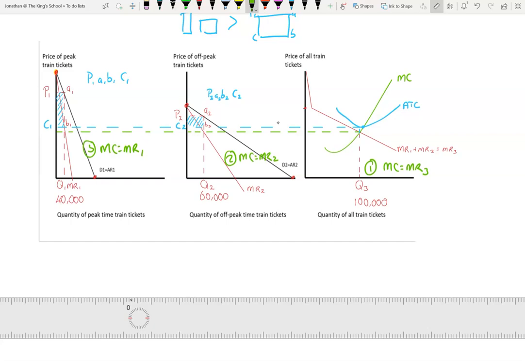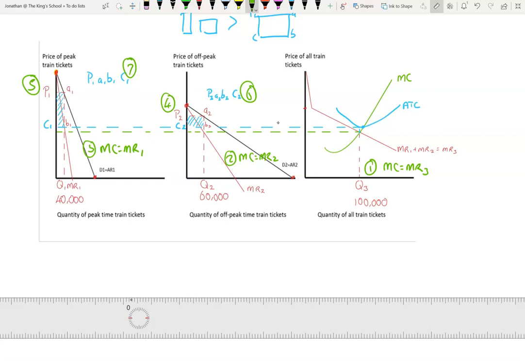And then I would talk about four, the price in each market. So four, I'm going to have P2 in the off-peak market. Five, I'll talk about P1 in the peak market. And then six, I'll talk about the profit in the off-peak market. And seven, the profit in the peak market, if that is required by the question.